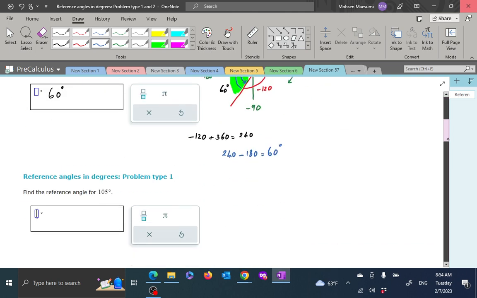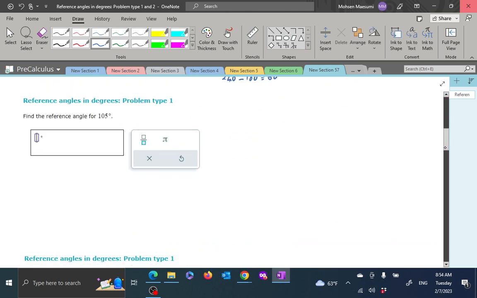So let's go to another example. What's the reference angle for 105? Well, 105 thankfully is positive. We don't have any problem with positive numbers, hopefully. So I quickly think that I'm going 90 degrees here, and for 105 I'm going a bit extra, and this is where I stop.